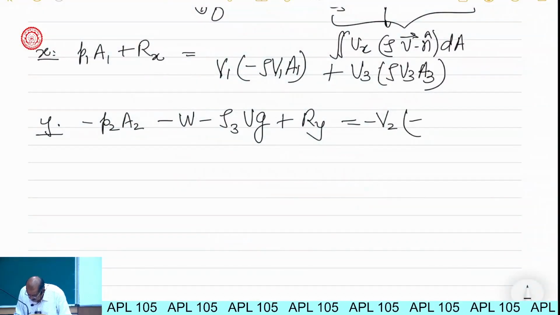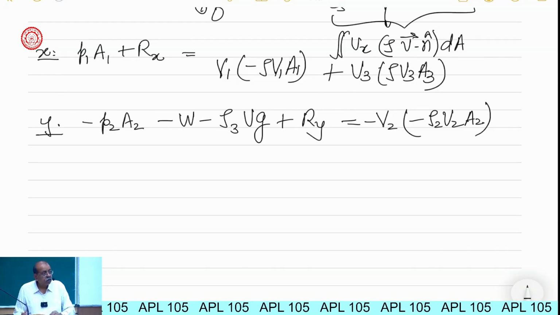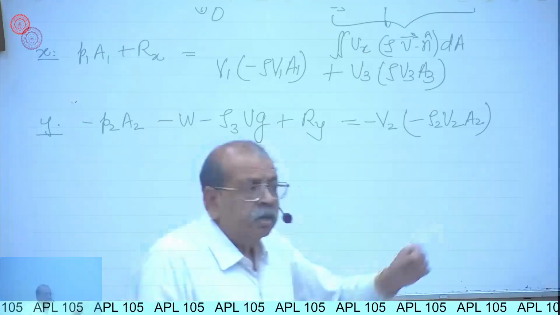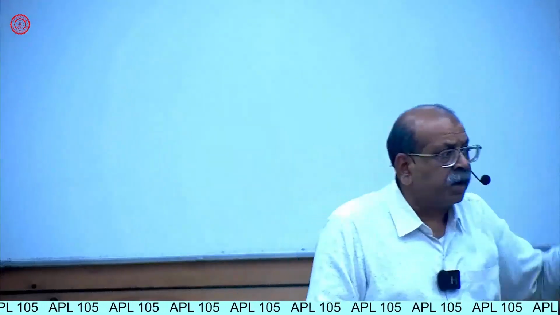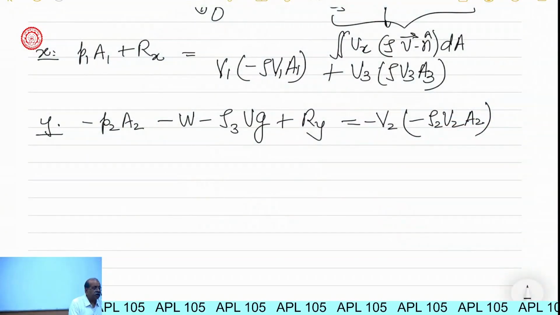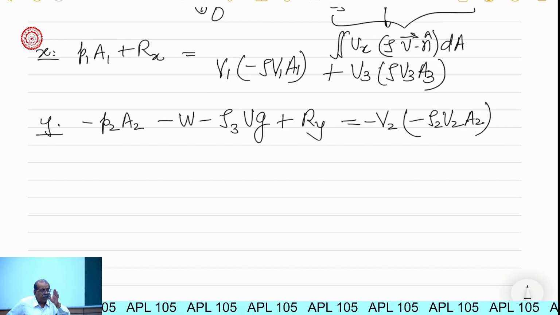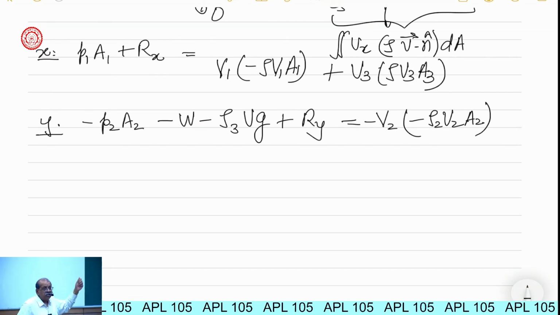And then we have rho 2 V2 A2, but this also comes with a minus sign. Why? Because flow is coming in. So overall, this term has a positive sign. And this mistake has been made by many people. They have written this as minus.